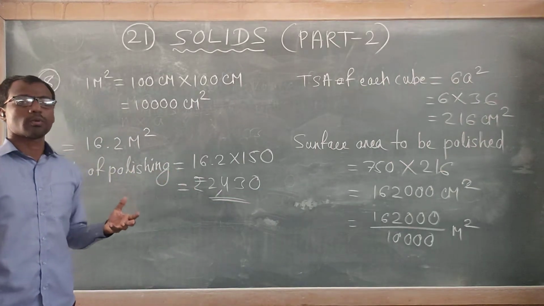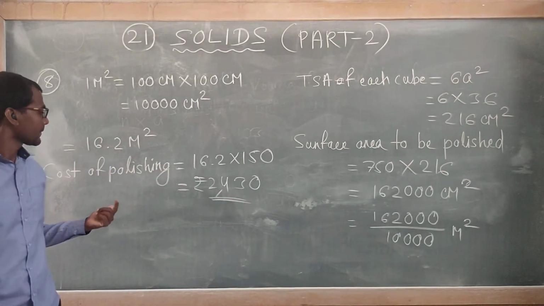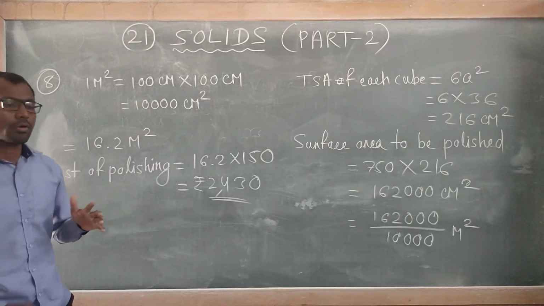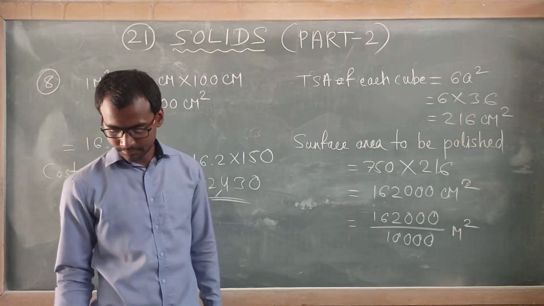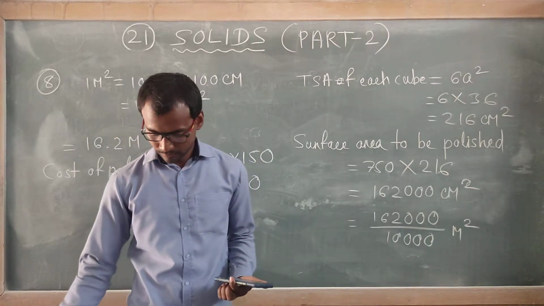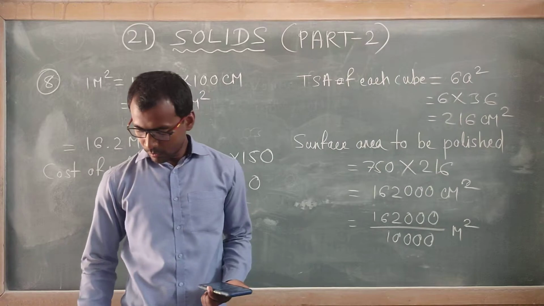So this is the cost to be borne in order to polish all the cubes, total surface area of all the cubes. Clear? Move to one more question.